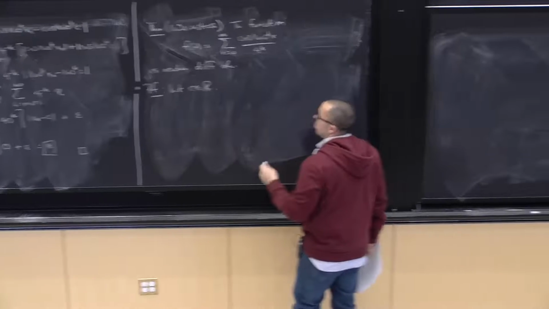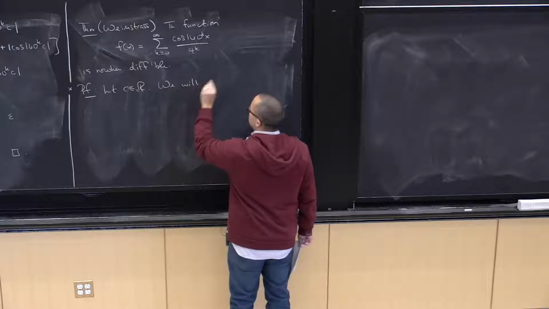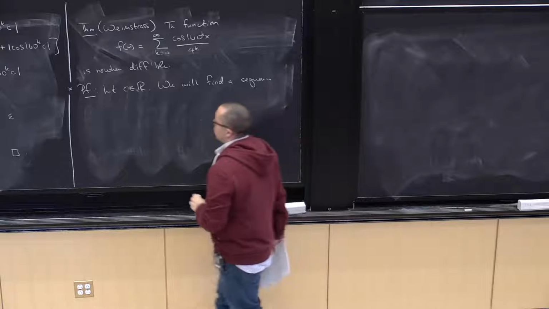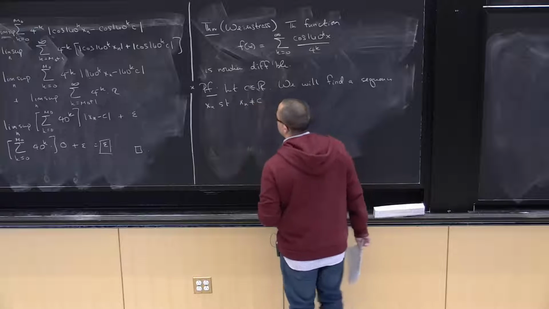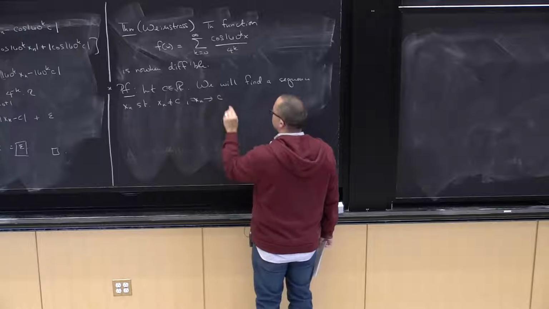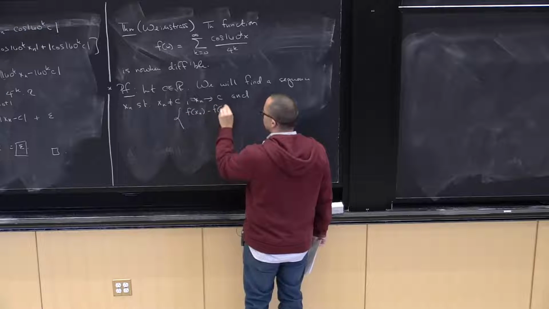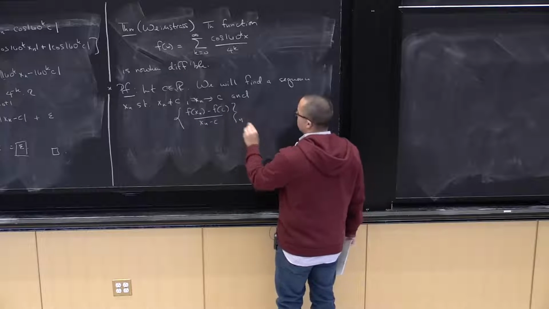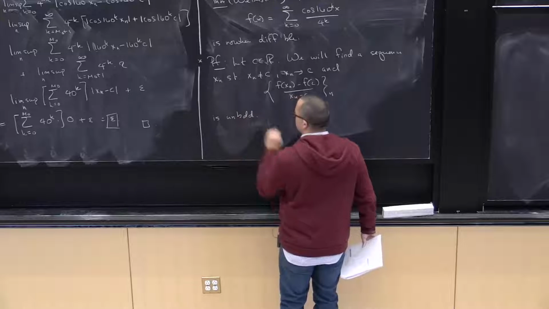And what we're going to do, just as when we looked at f of x equals the absolute value of x, is construct or find a sequence x of n such that x of n does not equal c for all n, x of n converges to c, and the sequence f of x of n minus f of c over x of n minus c is divergent, but we'll go even further, is unbounded.